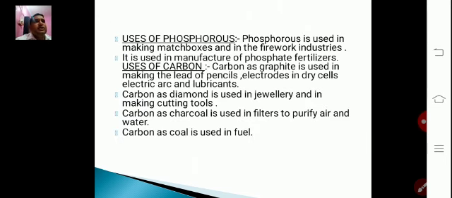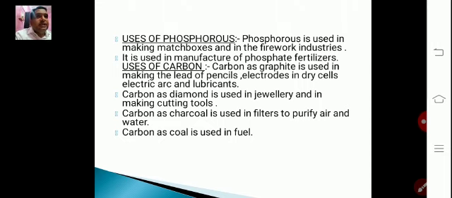And phosphorus is used in fireworks and in making matchboxes, and in industries.